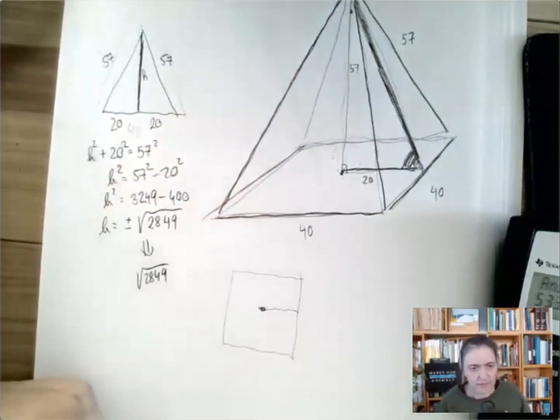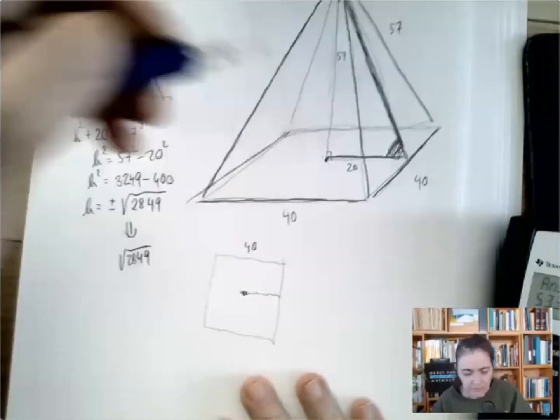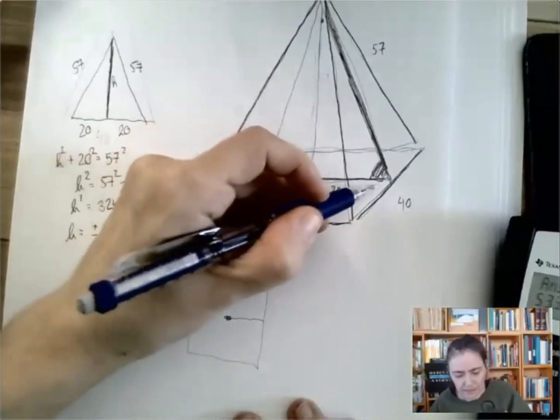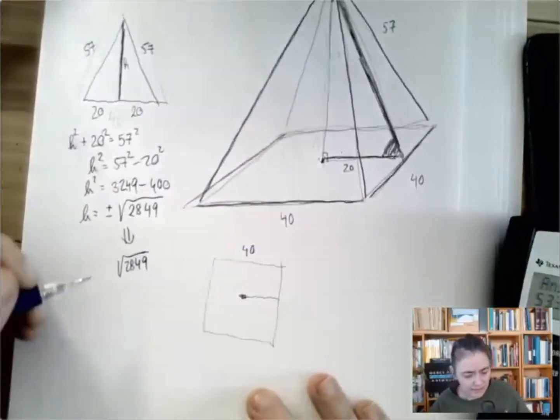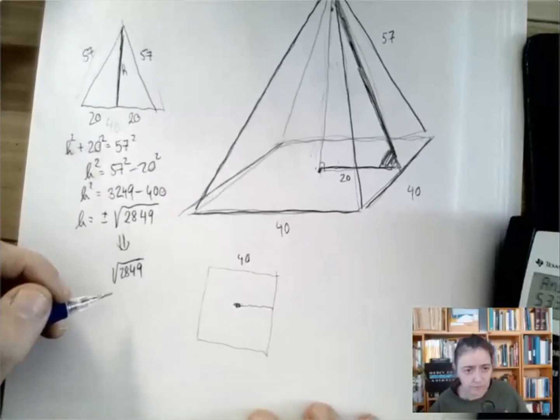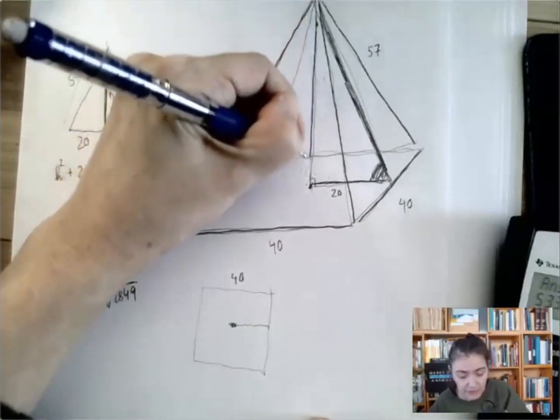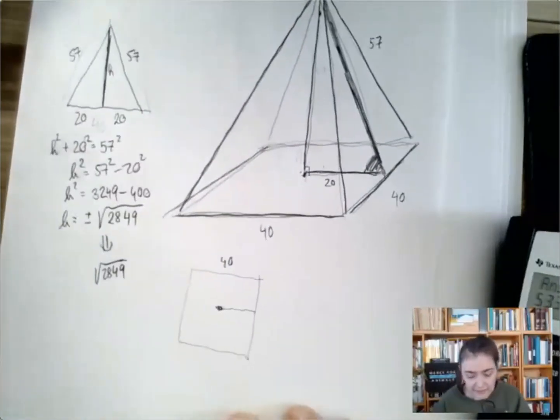So that is 20, if the whole side is 40. So then we have a right triangle. This side is 20. This side is the hideous square root of 2849. And this is a right triangle. Therefore, we can use right triangle trigonometry to find that angle.